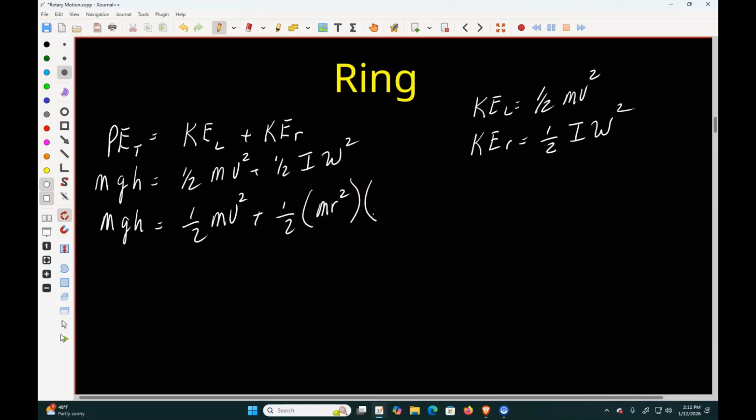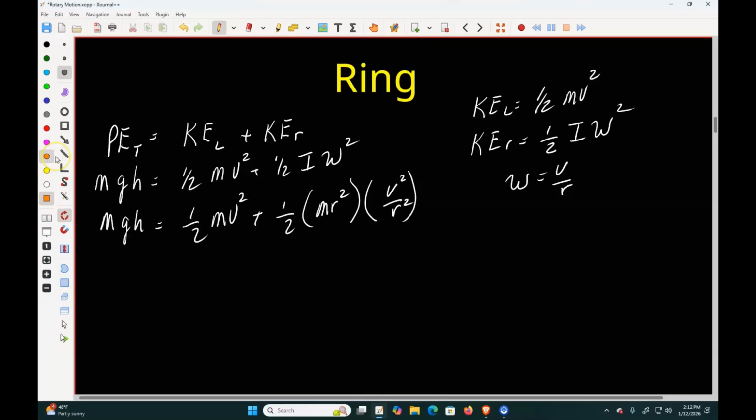And I'm going to substitute v over r for omega. So it'd be velocity squared over radius squared.